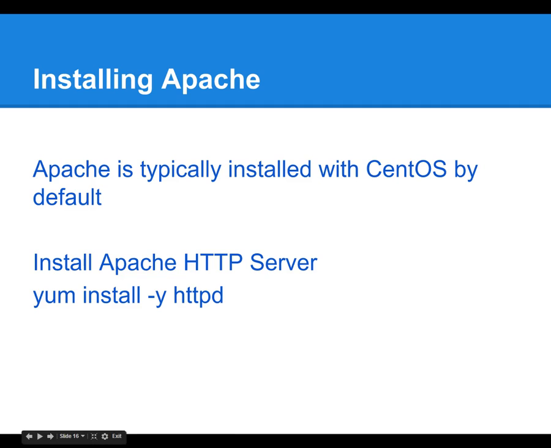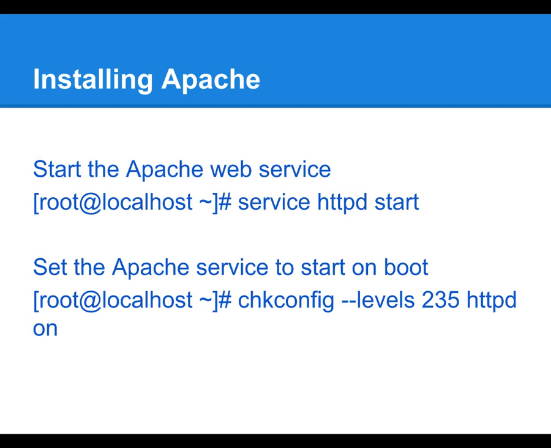Okay, so long story short, Apache is actually already installed in CentOS. But if you find that your flavor of Red Hat doesn't have it installed, you can type yum install -y httpd, which is going to install it. And to start the service, you type service httpd start.